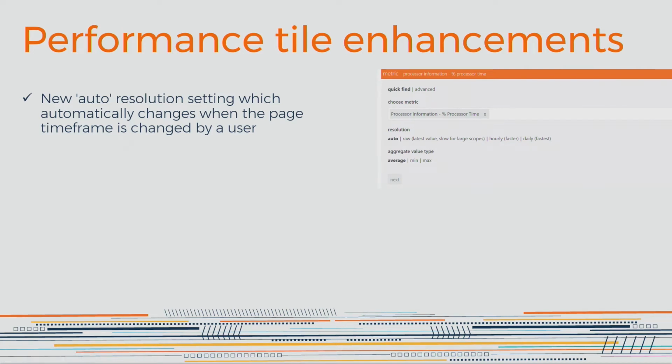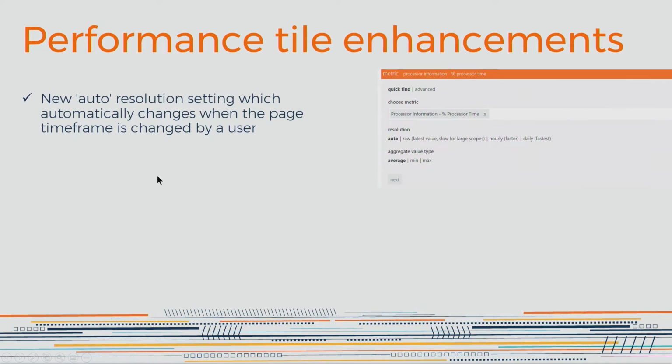If anyone's ever taken a tile with lots and lots of metrics on it that was done at the raw resolution and then changed the time frame to 3 months, or worse, had a user that's done that, it can take a while to populate. So we automatically choose for you an appropriate resolution based on the time frame the user's picking.